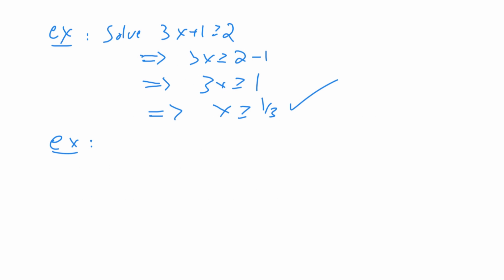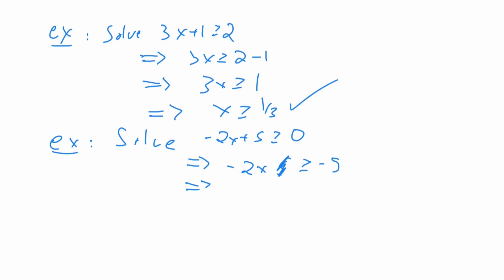There is one trick I want to point out, which is that when you have negative signs and you divide by negative numbers, you have to flip the sign of the inequality. So if I have negative 2x plus 5 greater than or equal to 0, I'll say, well, this means negative 2x is greater than or equal to negative 5.